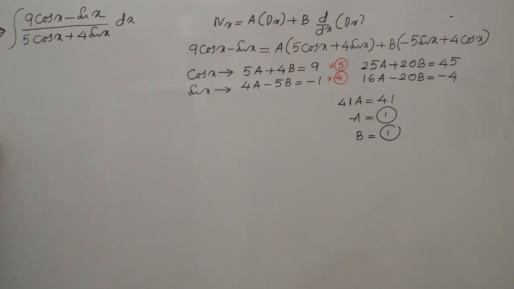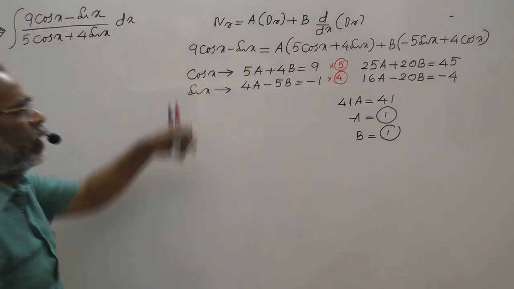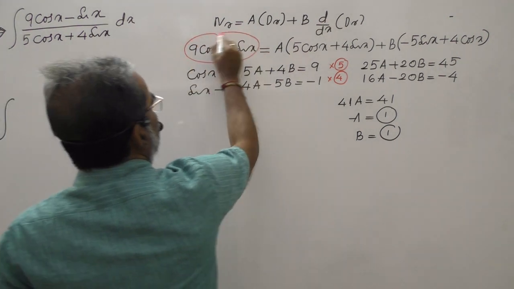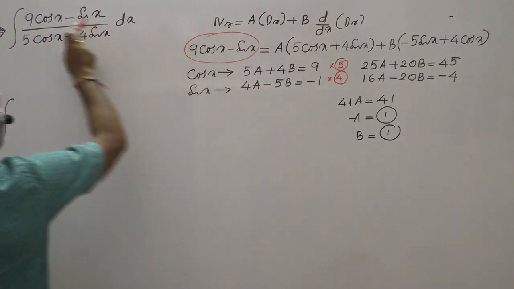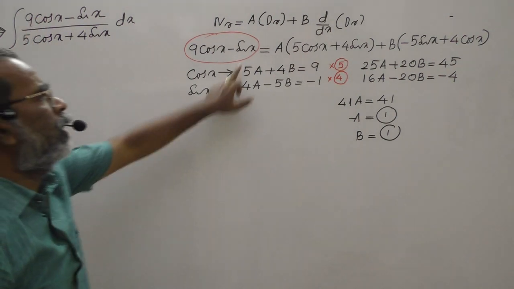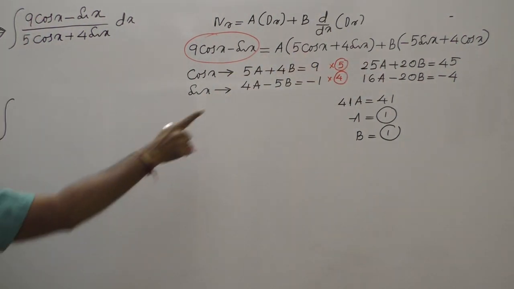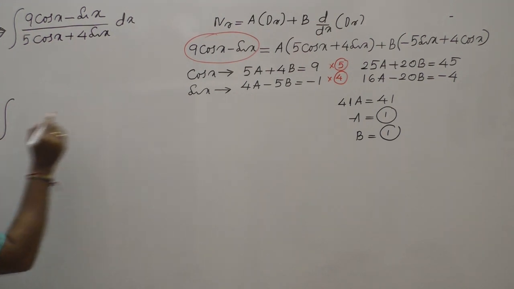Therefore now the given integral is integral of, see now, this 9 cos x minus sin x, that means numerator. Numerator can be expressed as this, where a value has come 1.